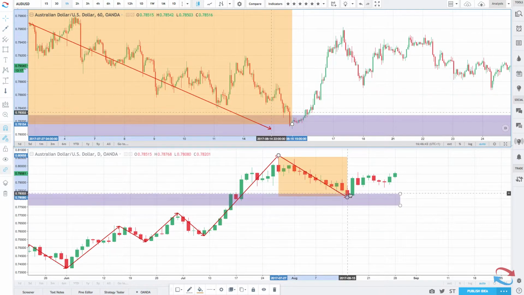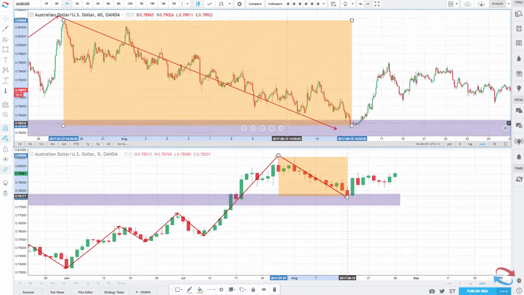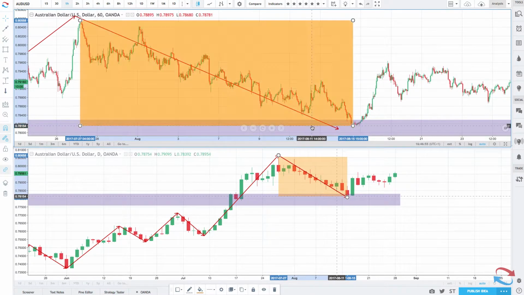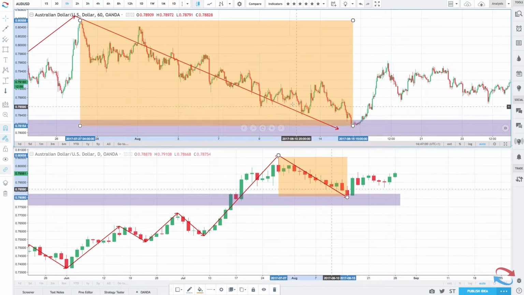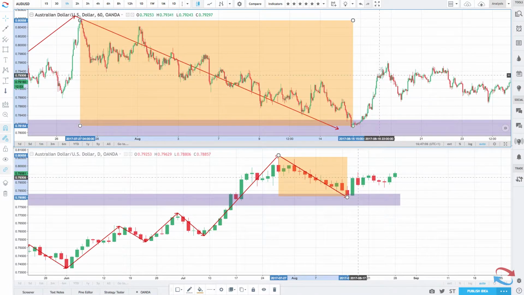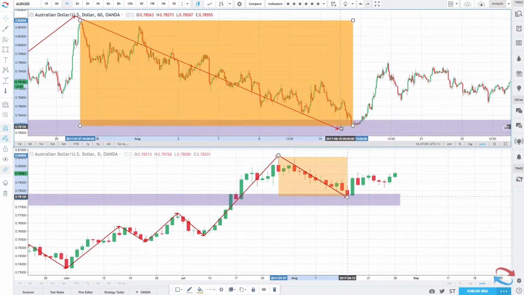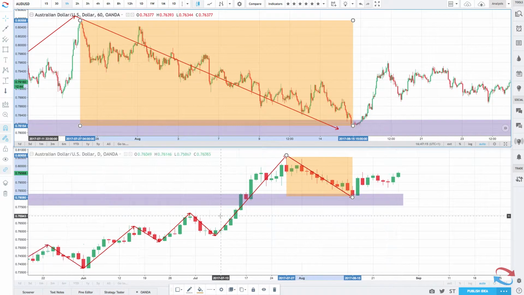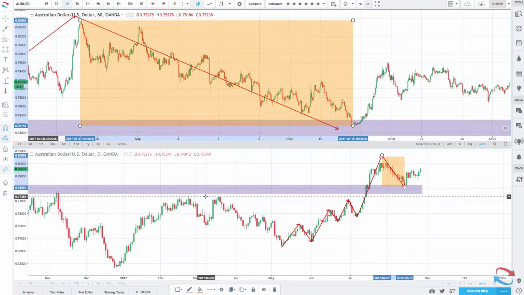And again, rather than risking 100 odd pips, they would be risking 20 or so pips, and rather than being caught out, trading on the wrong side of the market and the overall higher time frame, which is a more powerful chart, they may have stayed out of all of this and looked for their entry here and then bought at this area here. So higher time frame and multi-time frame analysis is really just looking at the higher time frame, and if you are trading the daily, then you would look at something like the weekly or the monthly chart.